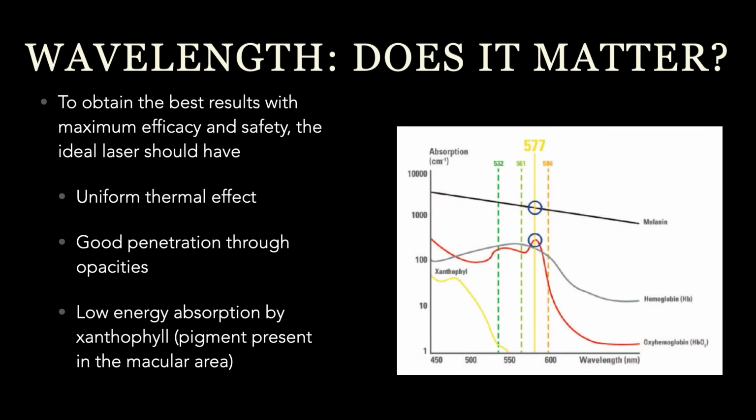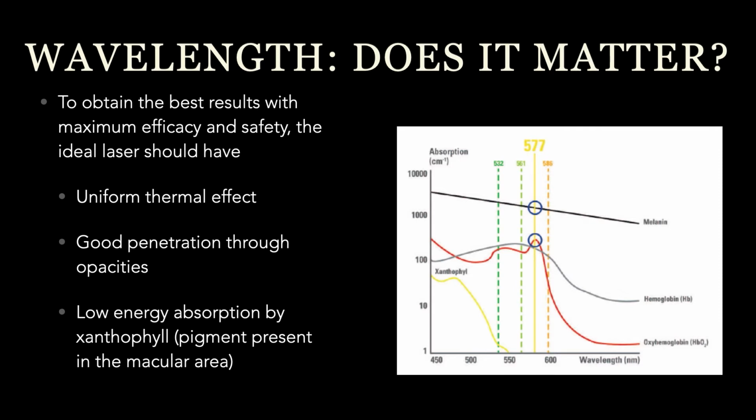Wavelength, does it matter? Here are extinction coefficients, and we can see that in order to obtain the best results with maximum efficacy and safety, the ideal laser should have a uniform thermal effect, good penetration through opacities, and low energy absorption by xanthophyll, which is the pigment present in the macular area. The main chromophores absorbing the laser energy are melanin and hemoglobin.